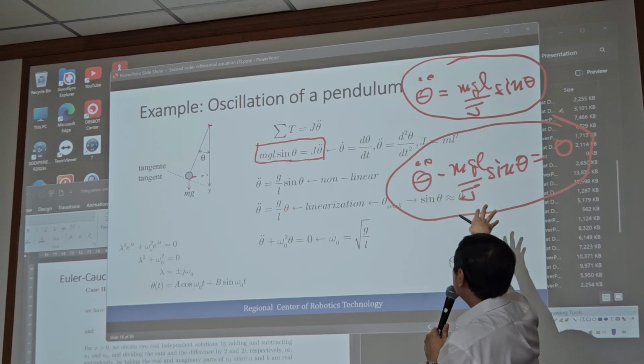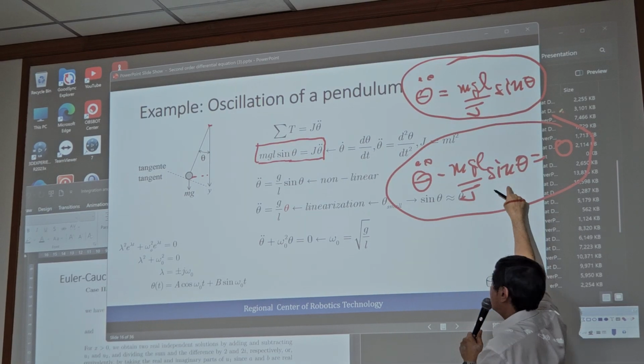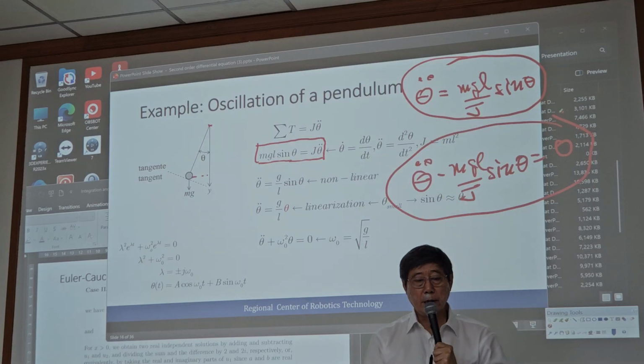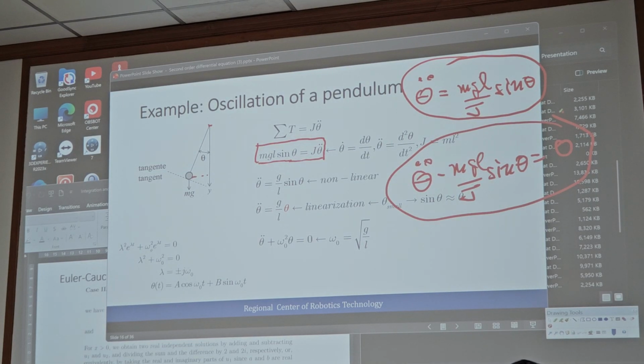So it's second order, but look at this one, it's nonlinear. Yes, nonlinear in this case.